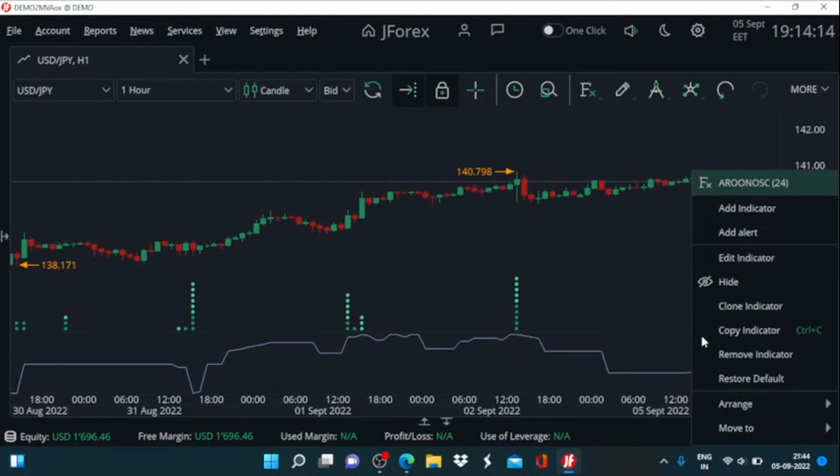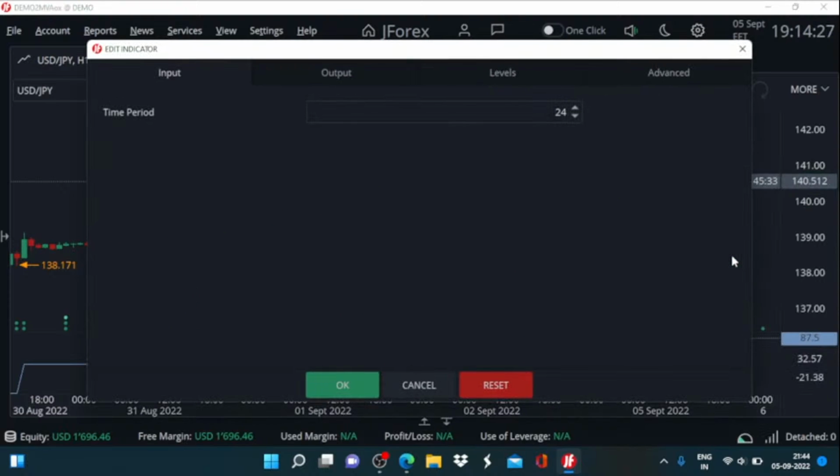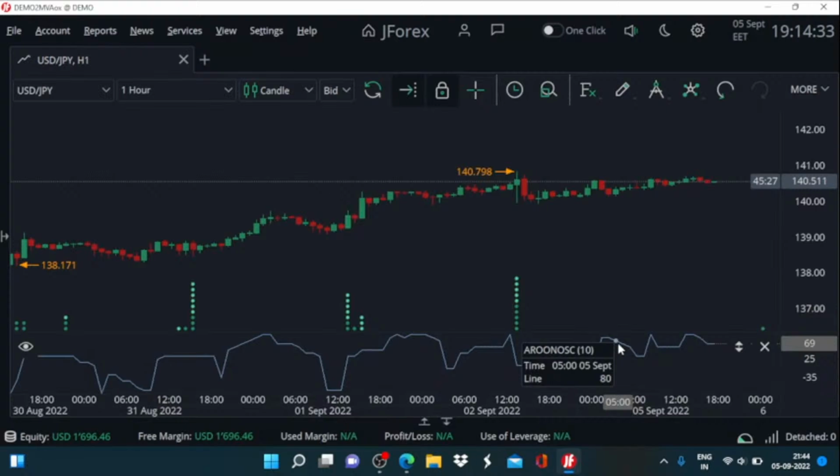So you can vary the calculation period and you will get an idea of what the range has been and how close the current closing value on the hourly basis is to the high or low of the particular calculation range. If you want to reduce it, you can reduce it, you can increase it.